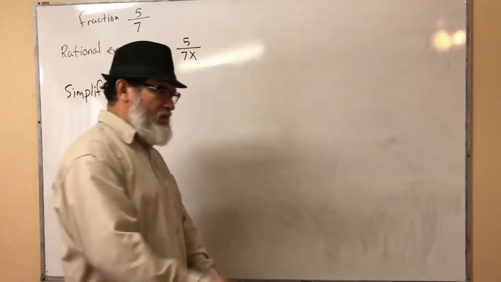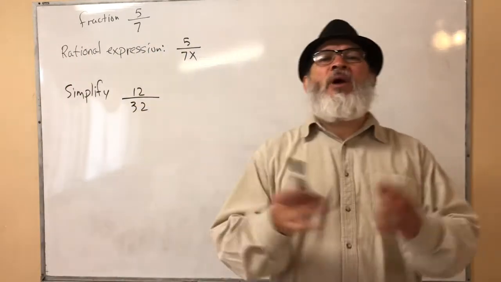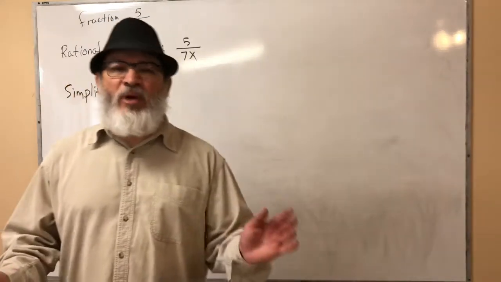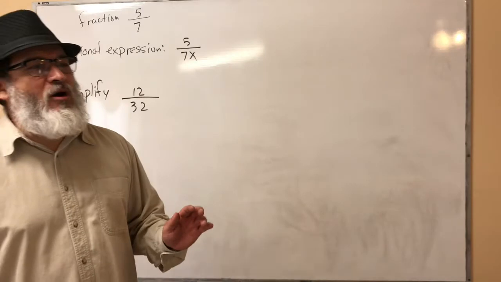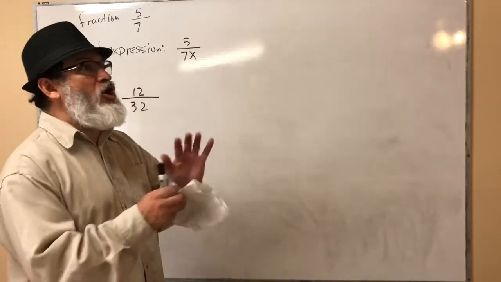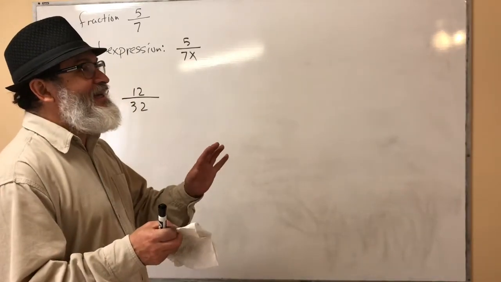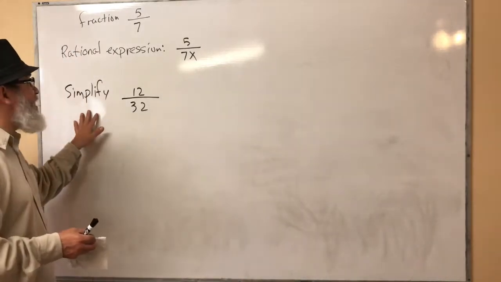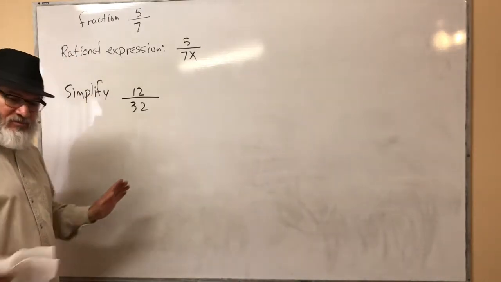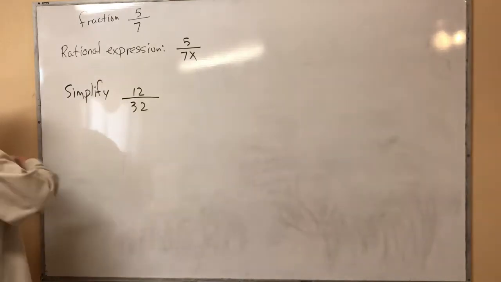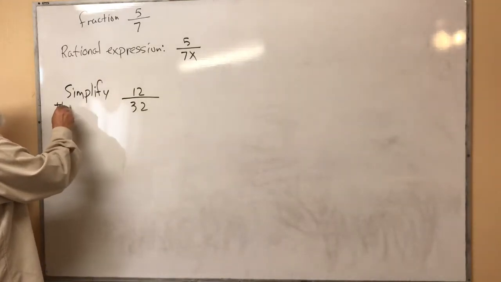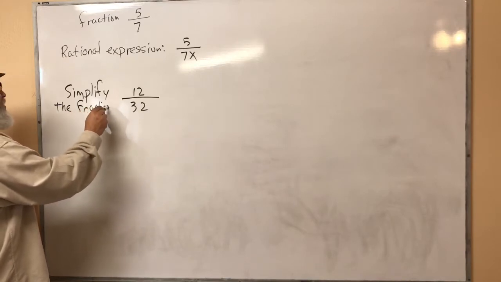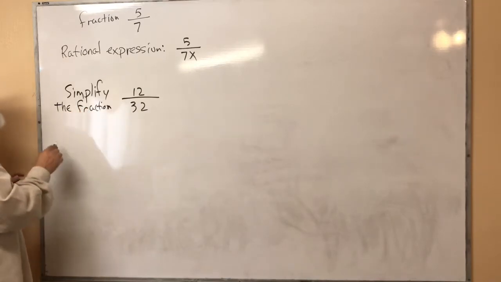Okay. Let's do it the long way. Why? Because if we do it the long way, we can use what we learn in simplifying rational expressions. Notice here we are simplifying a fraction. Simplify the fraction. Let's do it the long way.